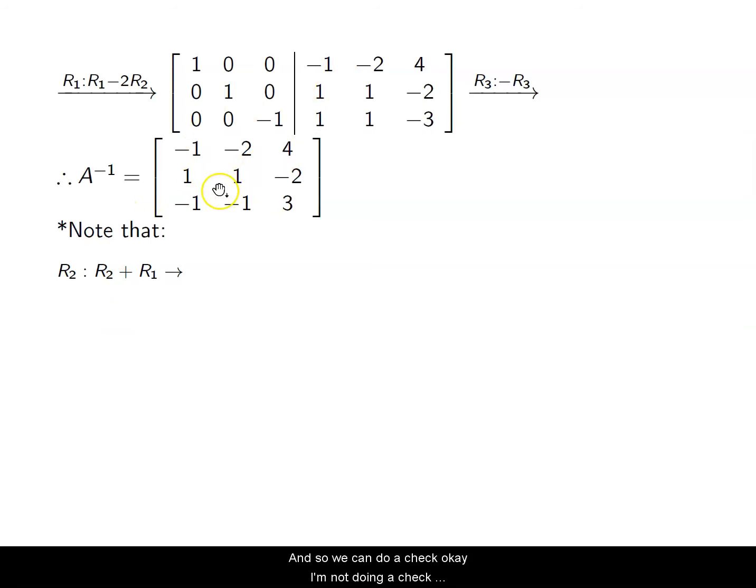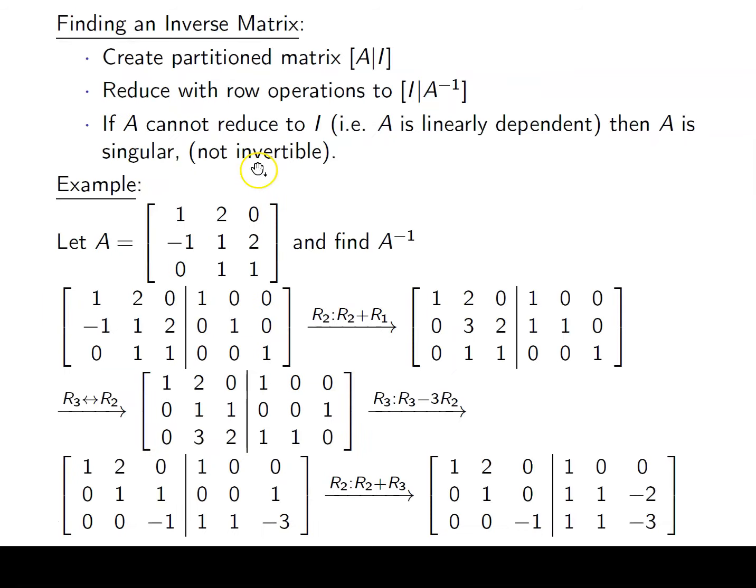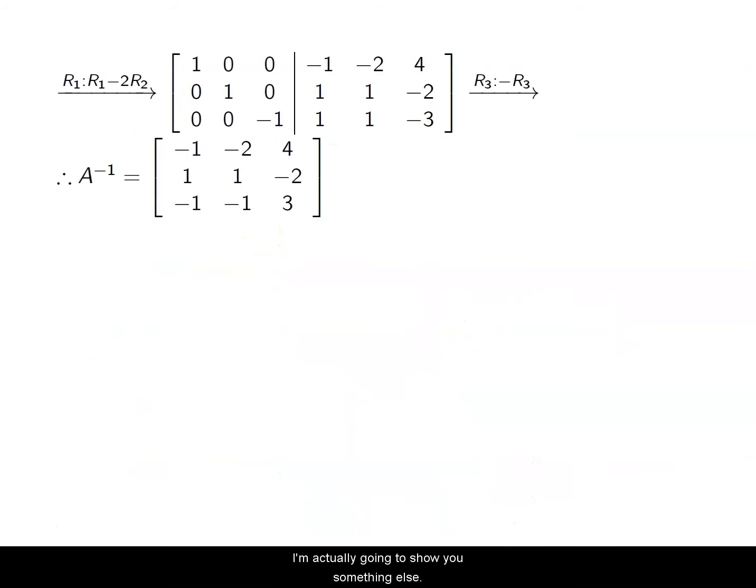And so we can do a check. I'm not doing a check here. I'm going to do something else real fast. But if I wanted to check, I would multiply this matrix times this matrix, and I should get the identity out. I'm actually going to show you something else. It's pretty cool. So let's do that right now.